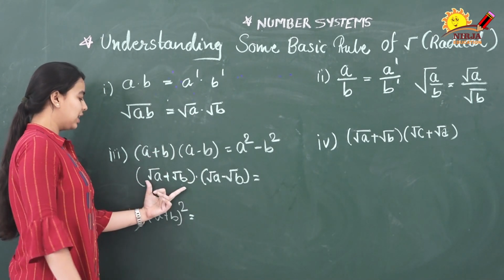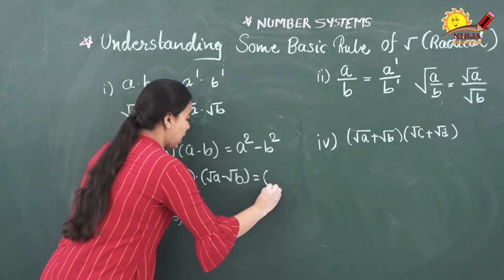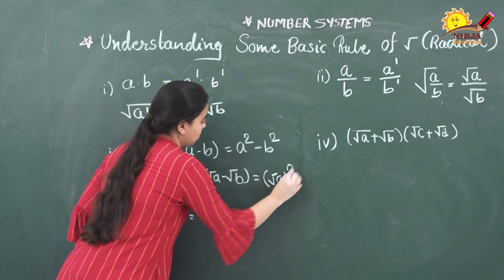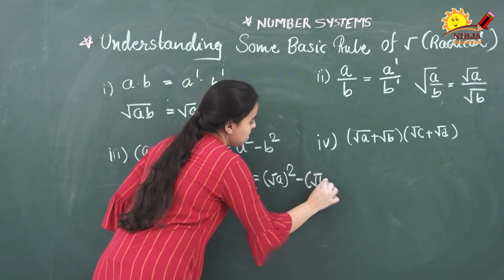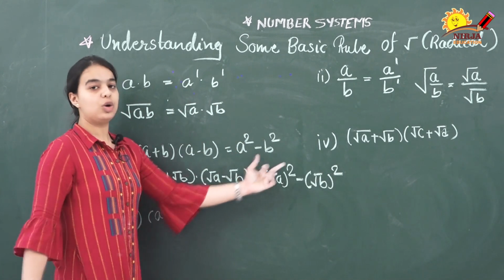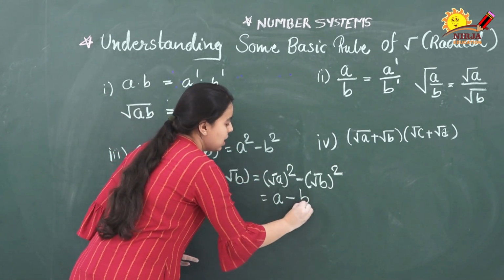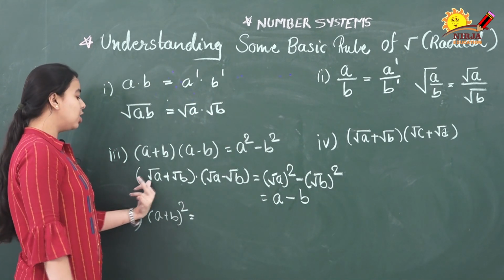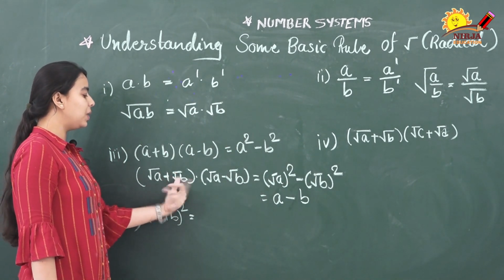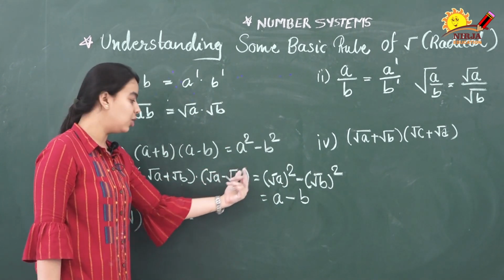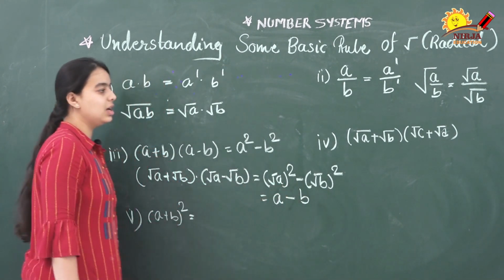So, we can say under root a square minus under root b square, and under root a square will be a, under root b square will be b. So, we can conclude that under root a plus under root b into under root a minus under root b is equal to a minus b.